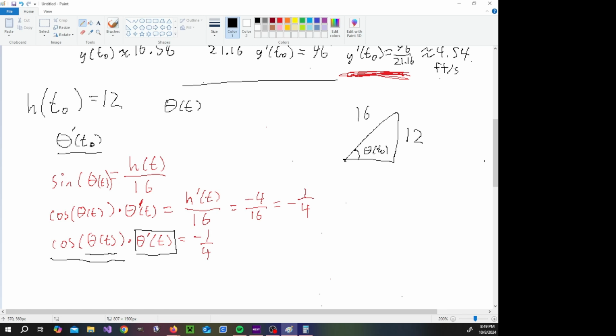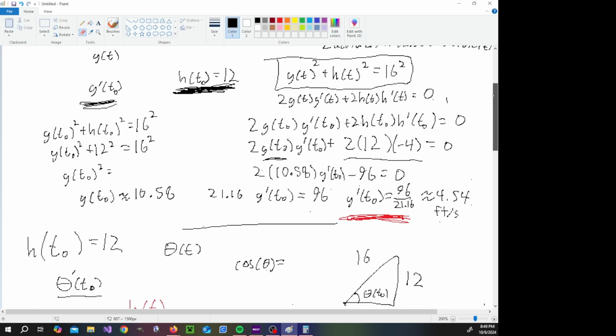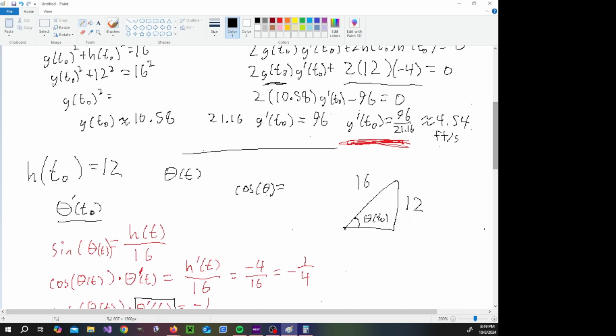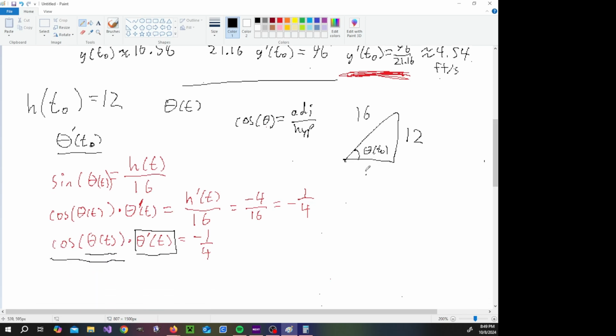So can I figure out what cosine is based on this? Well, yeah, that rule that we wrote earlier. Cosine of theta should be opposite. Wait, nope, that was sine. CAH, adjacent over hypotenuse. Well, the adjacent is just g of t naught, so we just need to figure out what g of t naught is.